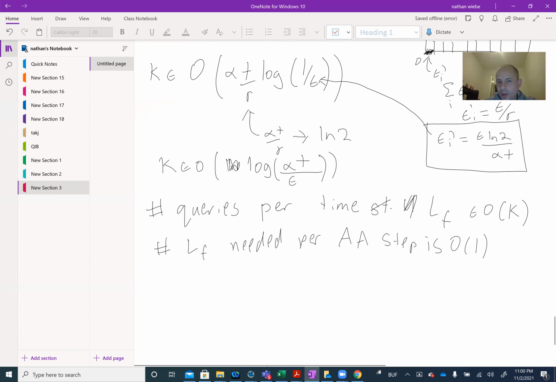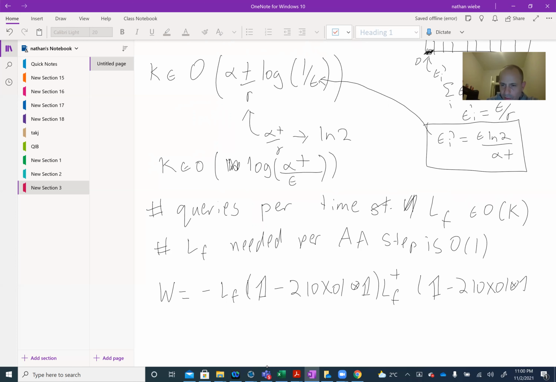Because if you recall, our walk operator for oblivious amplitude amplification is of the form negative LF, identity minus twice 0, 0 tensor identity, LF dagger, identity minus twice 0.